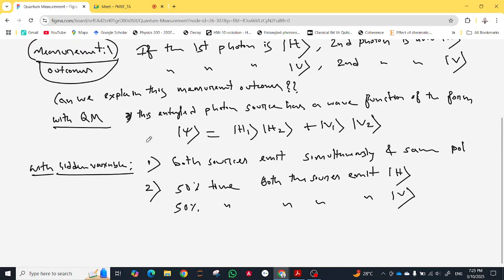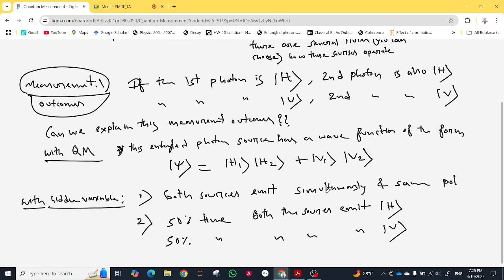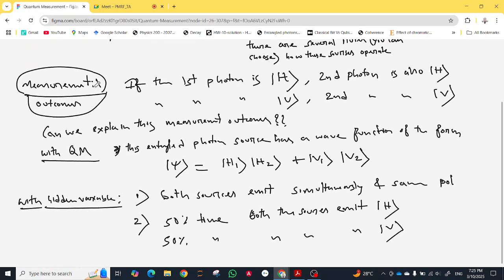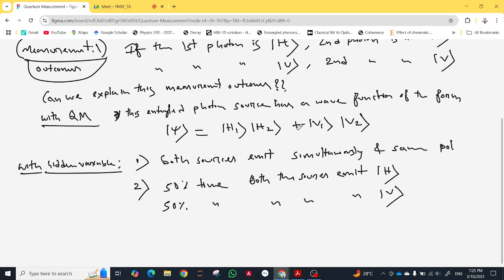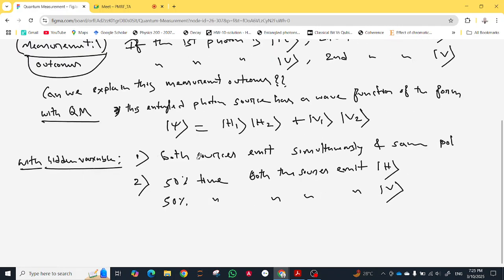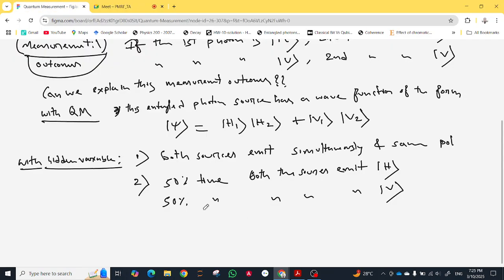So these two rules, these two hidden variables, can explain your result. Nothing wrong. You can get this measurement outcome if you set the sources like this: both sources emit simultaneously with the same polarization, and 50% of the time they emit H and 50% of the time V. Then your measurement outcome will be the same as what you got in the experiment. So of course hidden variables can explain it.